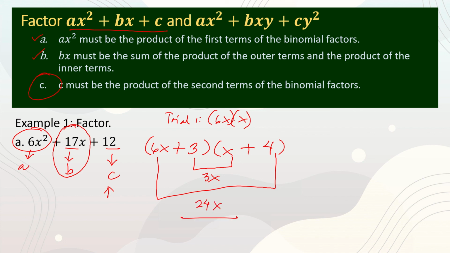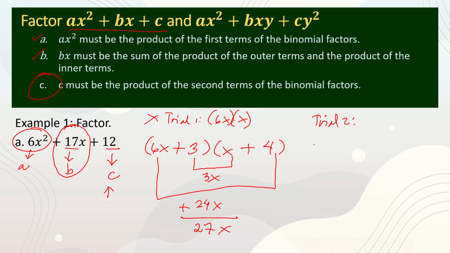However, if you add them, 3x plus 24x, that would become 27x. Yung bx natin, or middle term natin sa given, 17x, hindi 27x. So that means your trial 1 is wrong. So you need to do another trial.